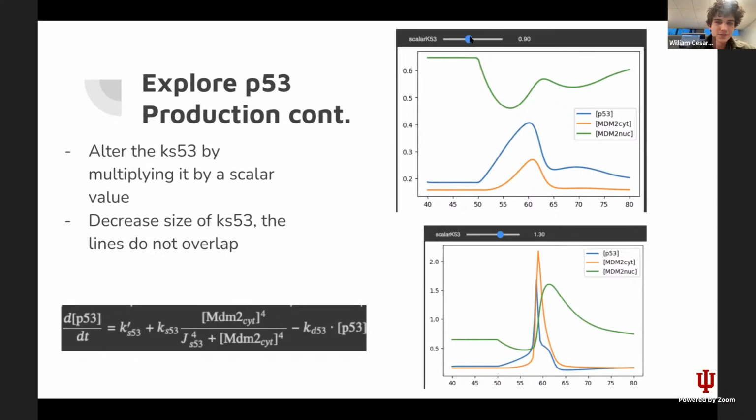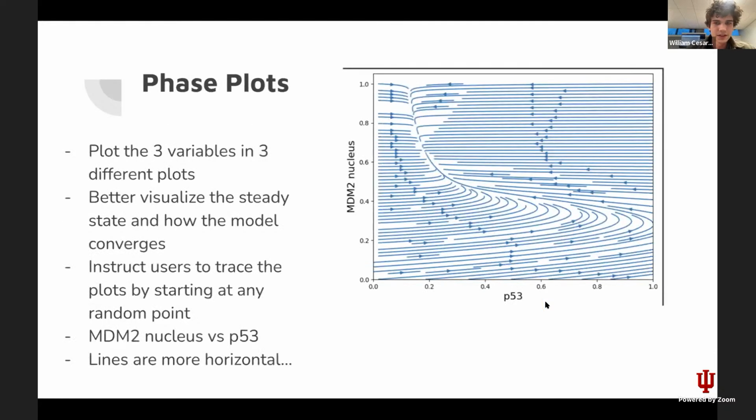When we make KS53 smaller, the lines do not overlap, meaning that less P53 is being produced, and when we increase it, the lines begin to overlap and shift to the left again. Makes sense. Next, I plotted phase plots or phase diagrams of the three variables altogether.